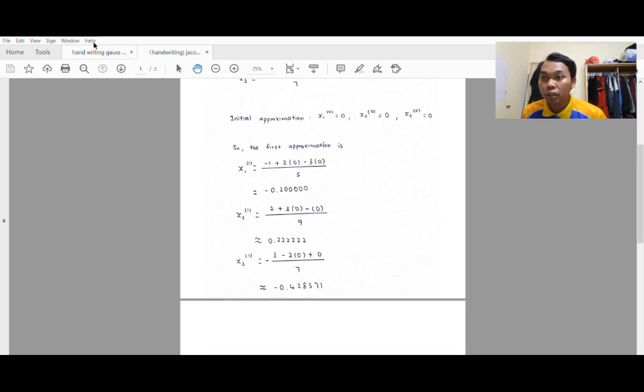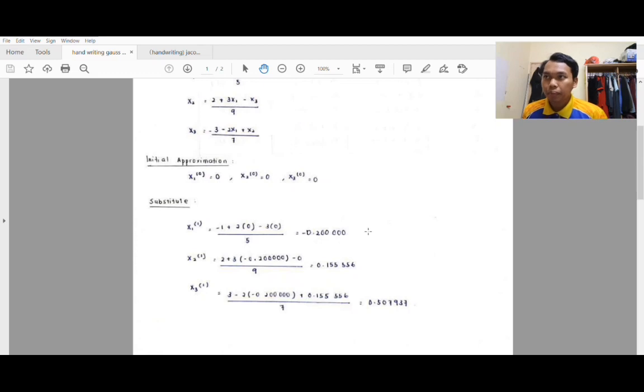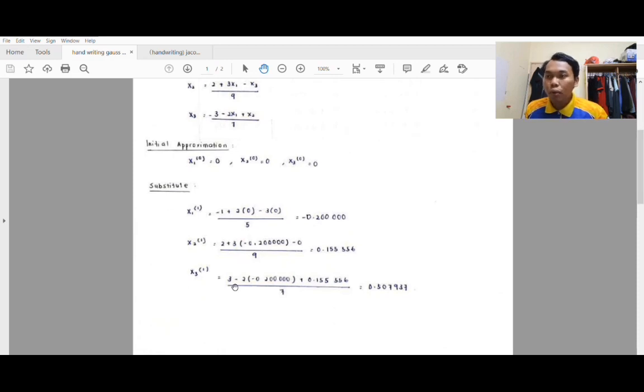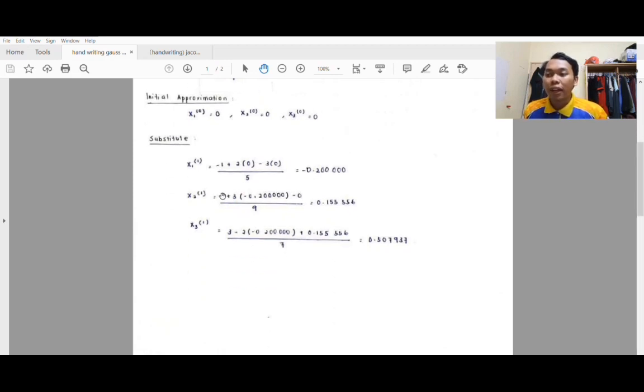In the Gauss-Seidel method, we use x2 and x3 equal to 0 for x1, and we get -0.2. For x2, we use the x1 value that we found before, which is -0.2, in the formula for x2. Also for x3, we put the values of x1 and x2 into the x3 formula.